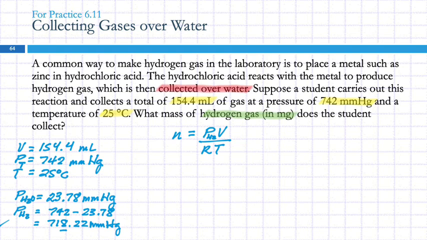And we need that to be in atmospheres. So 1 atmosphere is 760 millimeters of mercury. That's why I said you're probably going to memorize the 760 part, because we just do this like all the time.